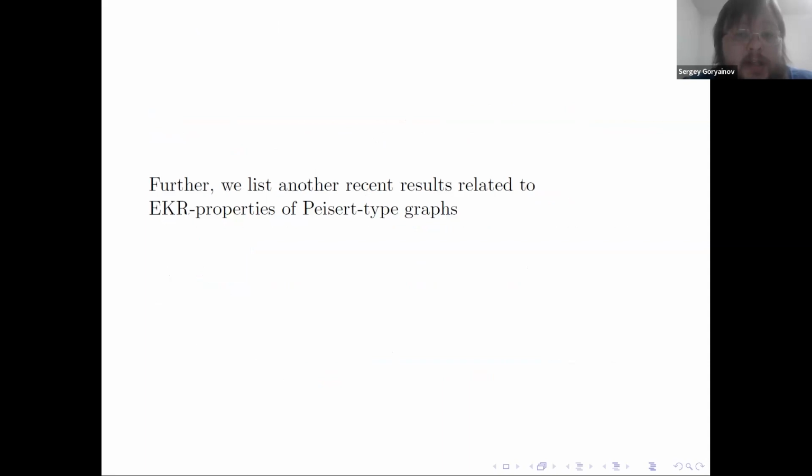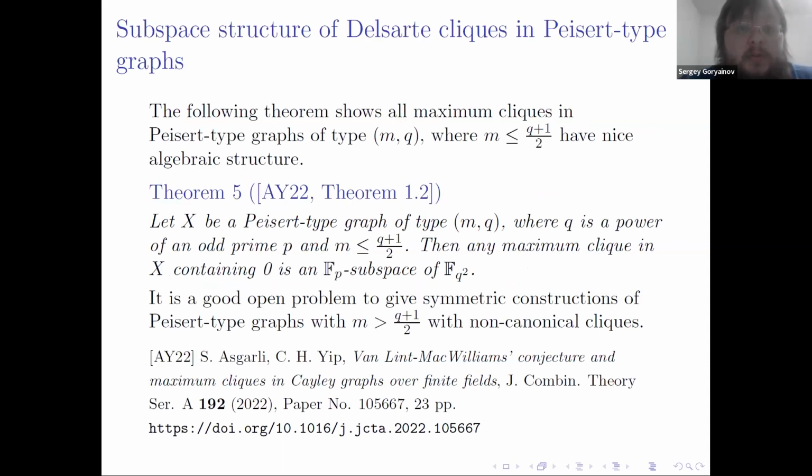Further, we list another recent result related to EKR properties of Paley type graphs. The following theorem shows that all maximum cliques in Paley type graphs of type (m, q), where m is at most (q+1)/2, the total number of cosets is q+1, and they correspond to slopes or directions in the affine plane.